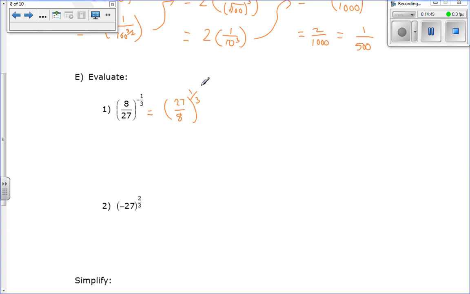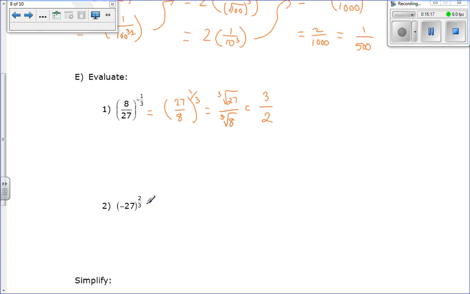In this case it's 1/3, which is the cube root. And because my fraction is inside parentheses, I have to raise both of my numbers to the 1/3 power, or take the cube root of 27 over the cube root of 8. The cube root of 27 is 3, and the cube root of 8 is 2.